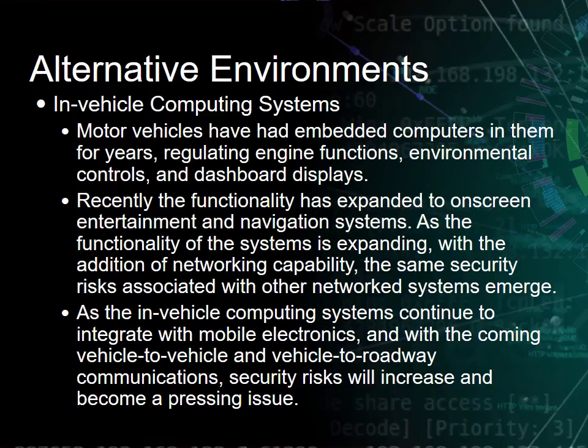The same security risks associated with other networked systems emerge. As the in-vehicle computing systems continue to integrate with mobile electronics and with the coming vehicle-to-vehicle and vehicle-to-roadway communications, security risks will increase and become a pressing issue.